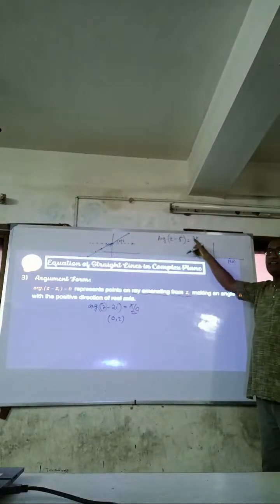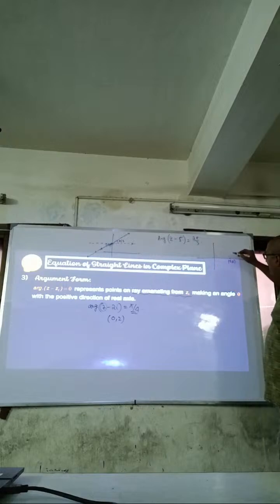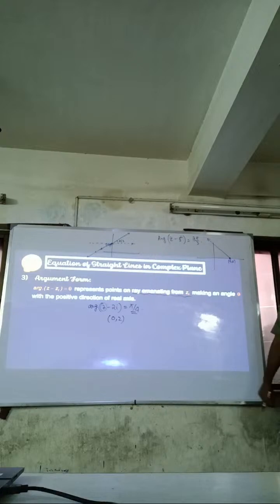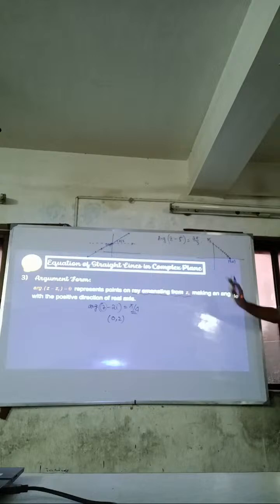It is making an angle 2 pi by 3. 2 pi by 3 means this point is over, that's it. So your z is lying somewhere here. It will not take that point, and it will not come below, in any direction. Understood? So the argument form is clear.